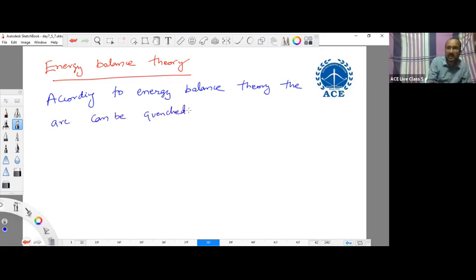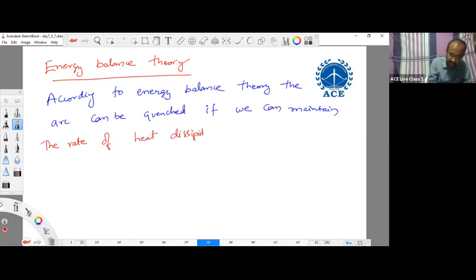According to this energy balance theory, the arc can be quenched if we can maintain the rate of heat dissipation greater than the rate of heat generation.